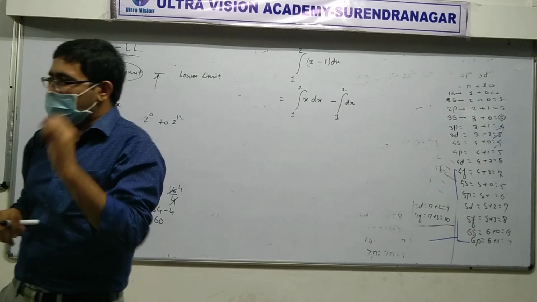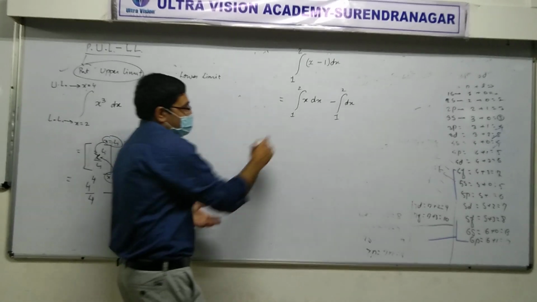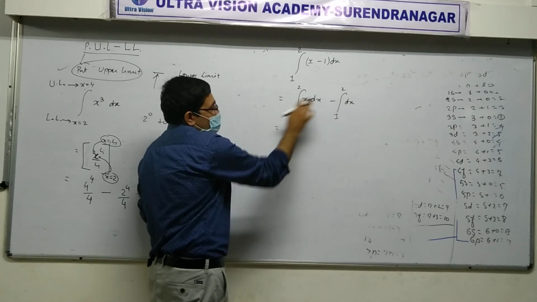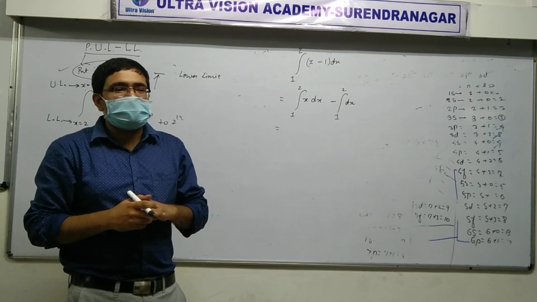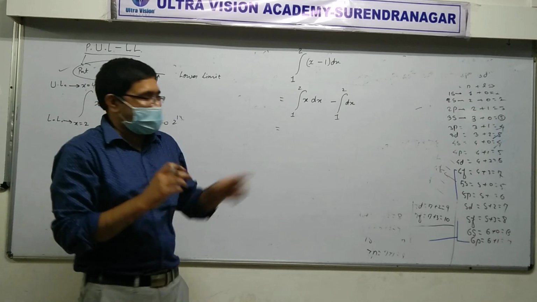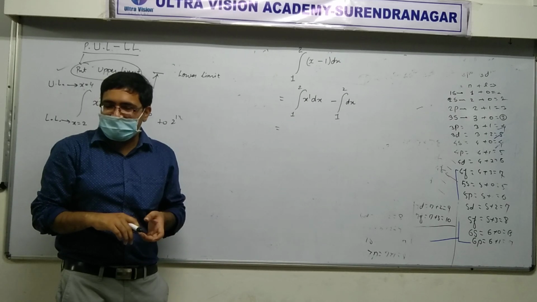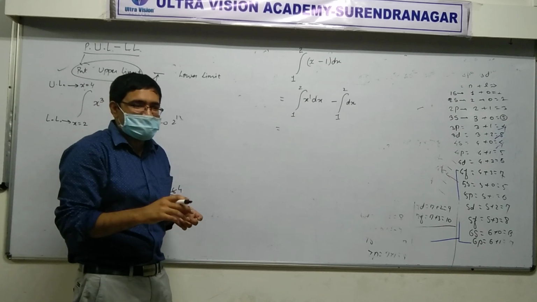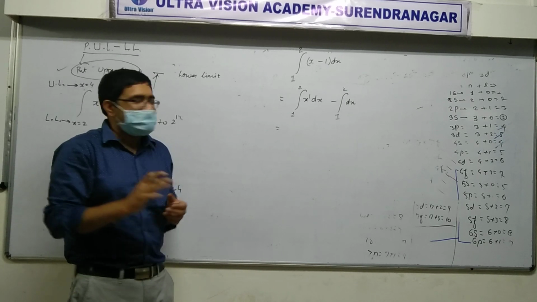Integration from 1 to 2. Usual rules as we have learned so far. Integration of x dx will be x raised to 2 by 2. Clear or not clear? Because x means x raised to 1, correct? So using the rule for power, it shall become x raised to 2 by 2. Got it?